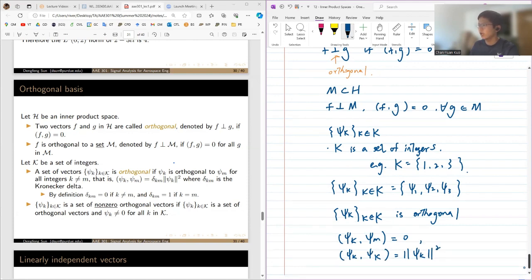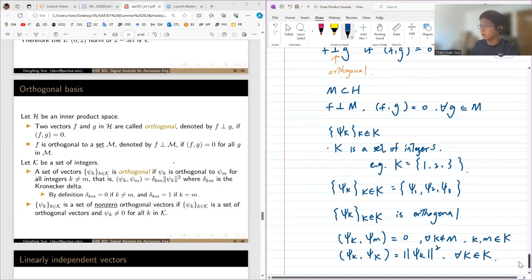So this is for any two different integers k and m, and the squared norm condition is for all k in kappa. Here k and m are both in kappa as well.